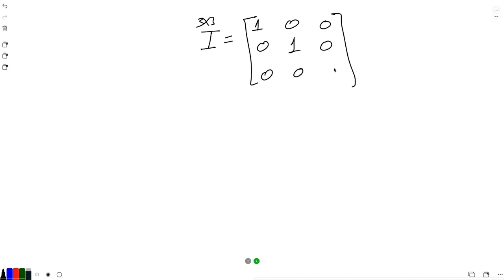The identity matrix, usually represented with the letter I, is the unit matrix which consists of 0 everywhere except the diagonal elements, which are filled with ones. For example, if we have a 3 by 3 matrix, the identity matrix is usually square, so it is 1 0 0, 0 1 0, and 0 0 1. So this is called the identity matrix.